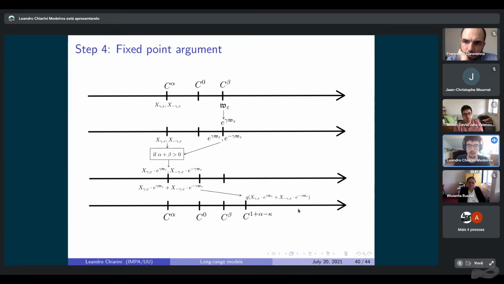So our map Xi, where I'm again ignoring those pesky terms, maps W epsilon from C beta to some C^(1 plus alpha minus kappa). So it's mapping C beta into itself as long as 1 plus alpha minus kappa is bigger than beta, and also along the way we use the fact that alpha plus beta is positive.